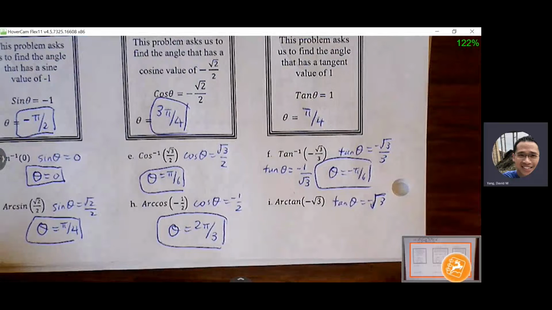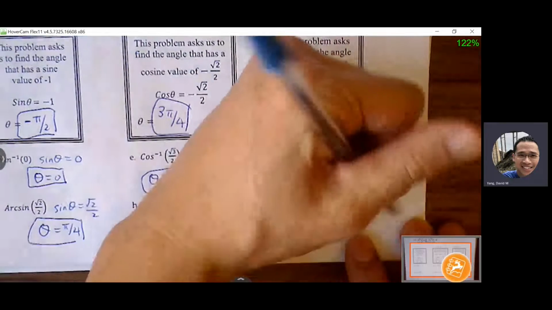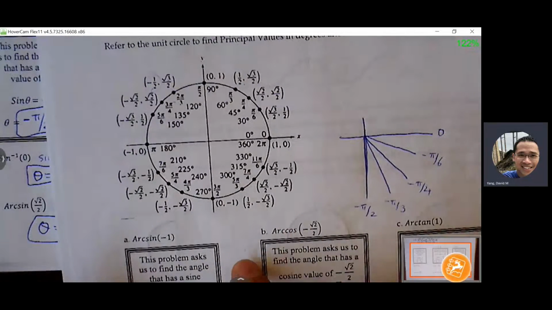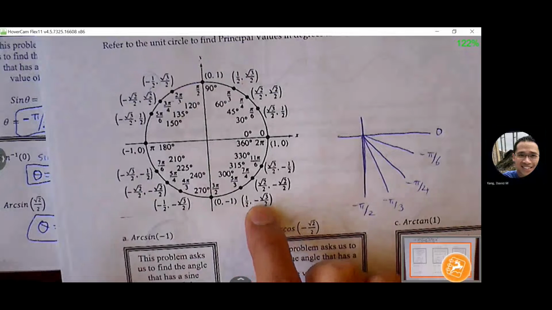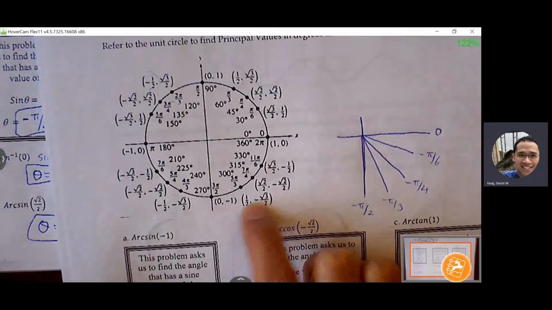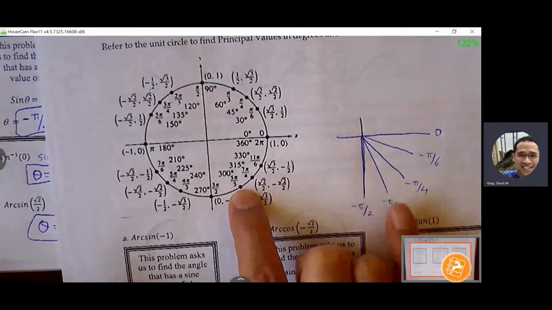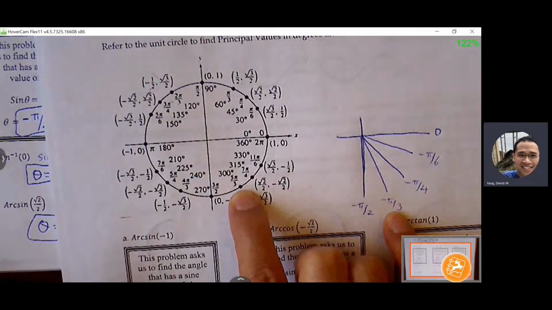When is tangent equal to -√3, or in other words, -√3/1? Good. -√3/1, y/x, sine over cosine. Make an adjustment, and in the fourth quadrant, we have to call it -π/3.